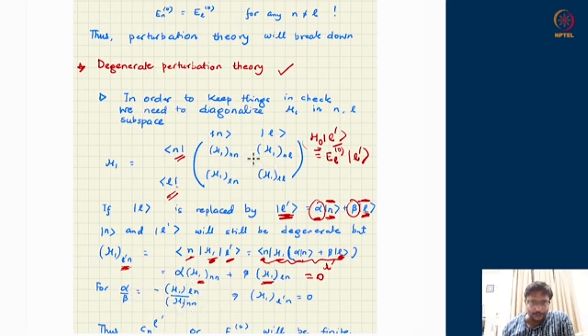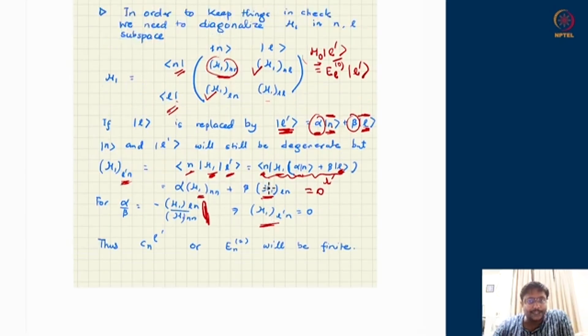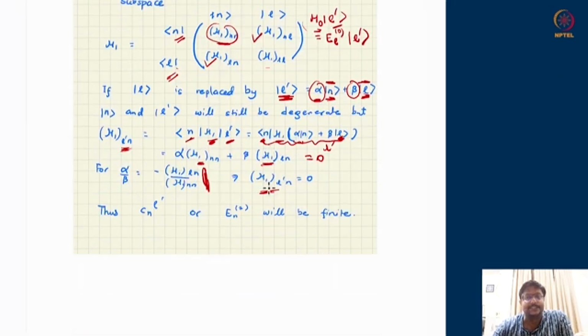I will just take the ratio of the diagonal element to the off diagonal element. That will tell me what the ratio of alpha and beta should be, and therefore that will make the perturbation Hamiltonian, not H0, the perturbation Hamiltonian, diagonal in this new basis.